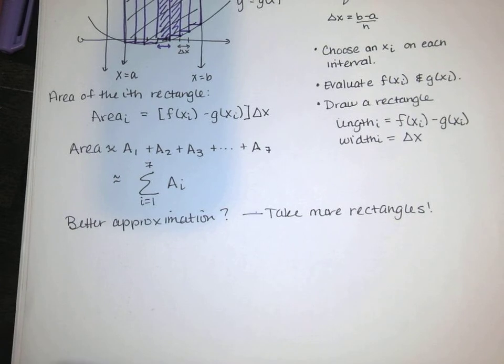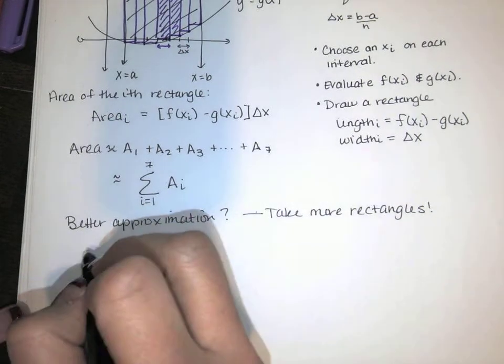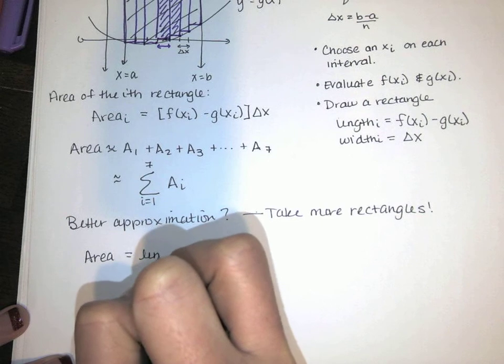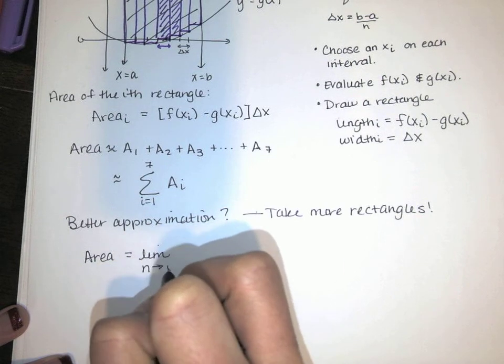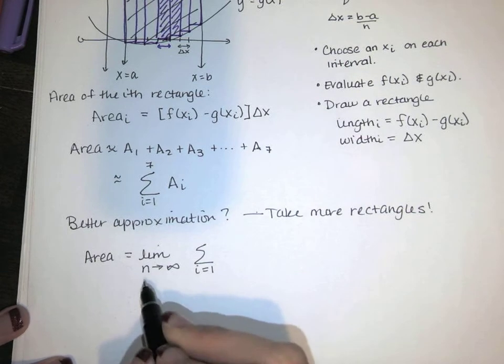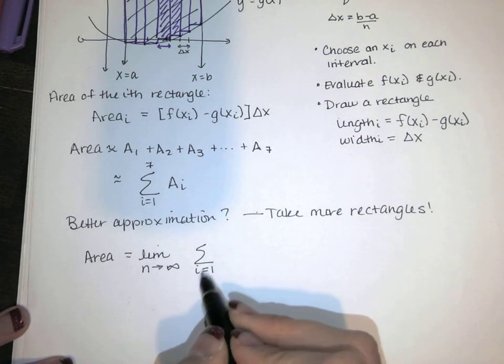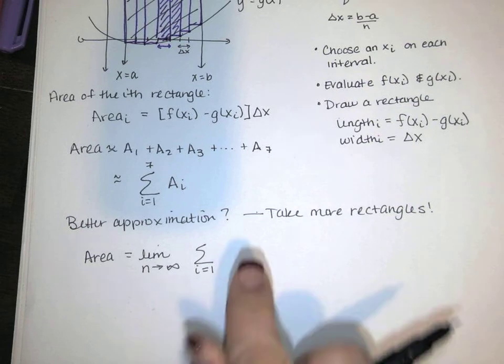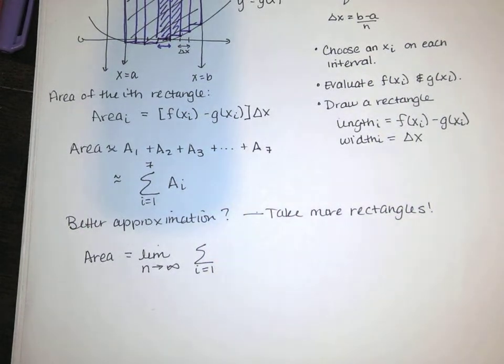And then we said at the end of Calculus 1, but what if I'm really a perfectionist? What if I'm not happy with any kind of error at all? Then I need infinitely many rectangles. So we said the area is going to be the limit, as n goes to infinity, of that sum. And n is the number of rectangles. So this is the sum of a sub 1, a sub 2, a sub 3, all the way through a sub n. n could be 7 or 10 or 200.